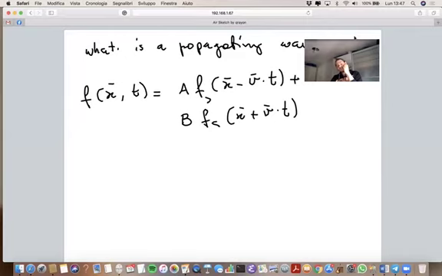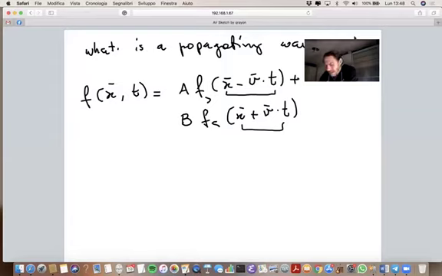So a function is called a propagating wave if the function f depends on time t and position x, not in any way, for example cosine of x squared divided by t, but in the form where it depends on these two variables through either of these two specific combinations, and in general, a linear combination of them.